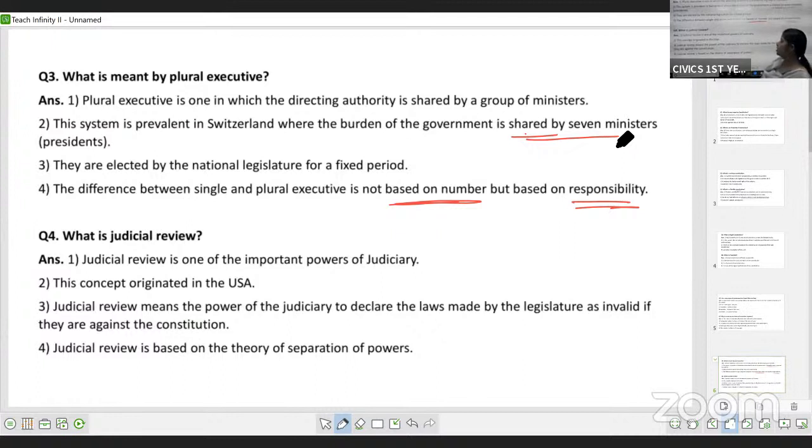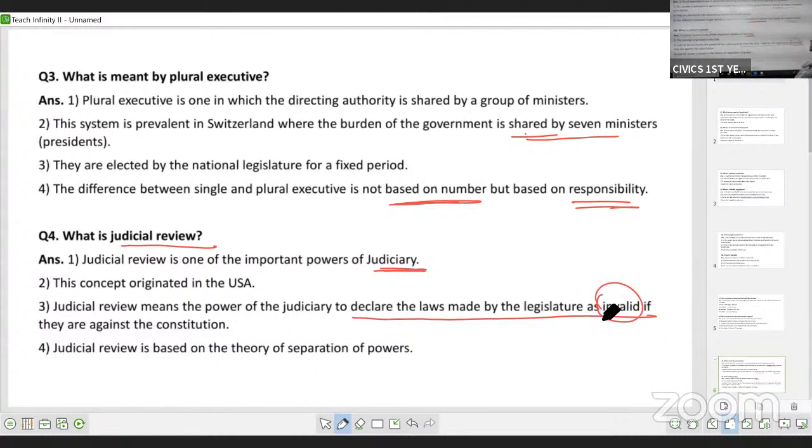Next is judicial review. What is judicial review? It is the power of the judiciary to declare the laws made by the legislature as invalid.